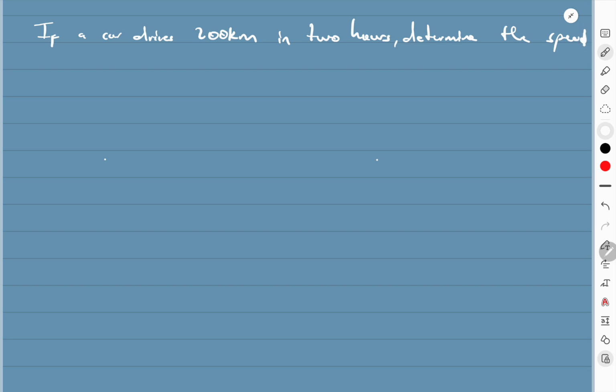Determine the speed, right? So I'm going to use the formula for speed. Speed is equal to distance over time, right? Now I'm looking for the speed. I'm going to look for distance, right?